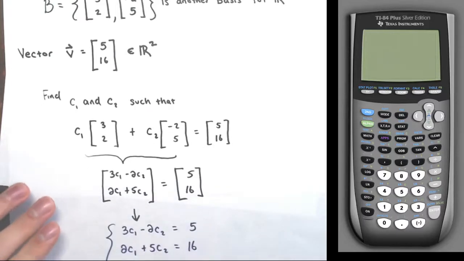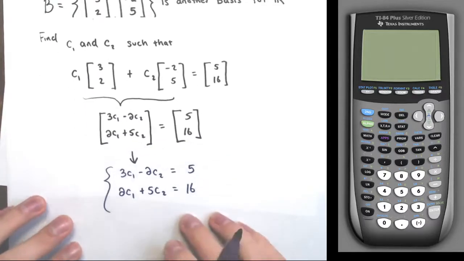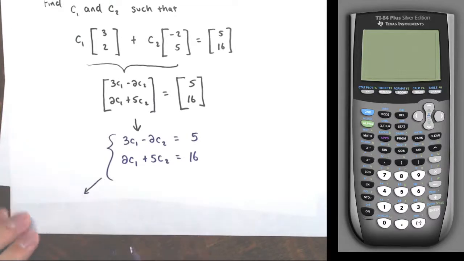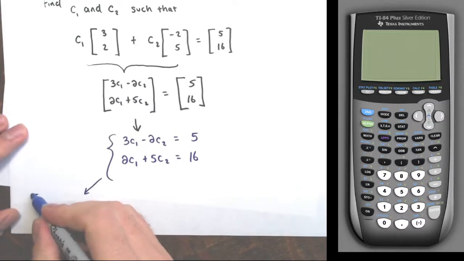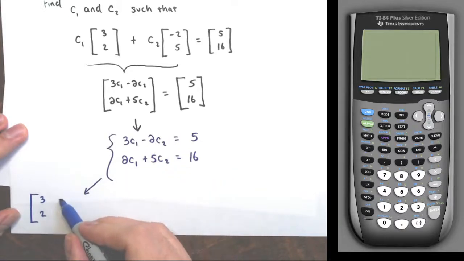All right, now there are many ways we have seen to express or represent a system of equations. I could represent this as a matrix equation, where I have the coefficients of C1, 3, 2, and the coefficients of C2, negative 2, 5.